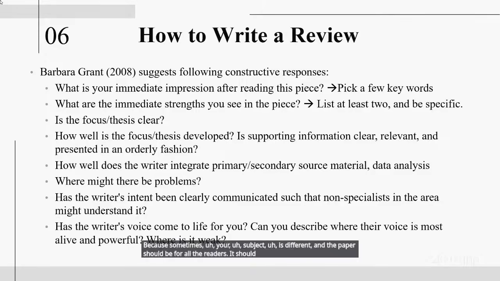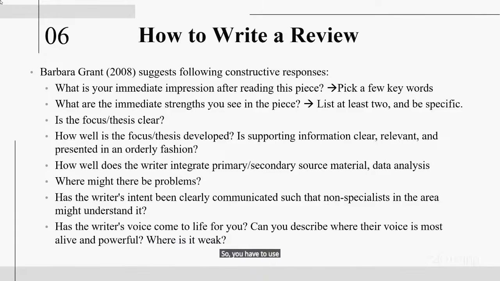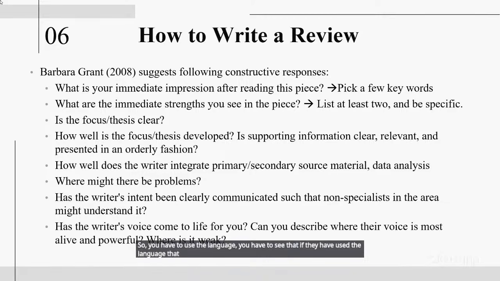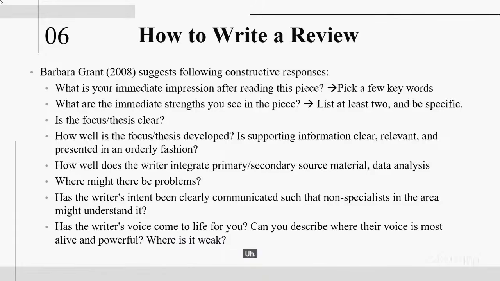It should not be specific to a limited readership. So you have to use language that is understandable for all the specialty people and the readers. So has the writer's voice come to life for you?